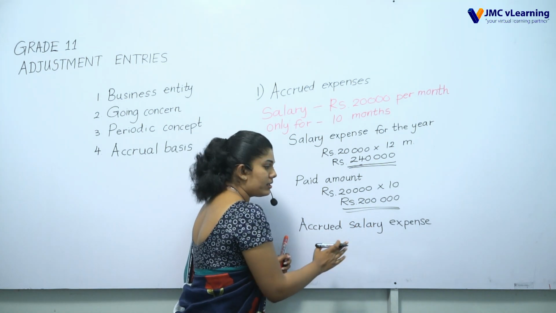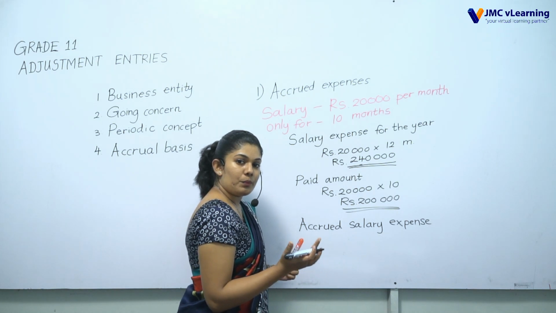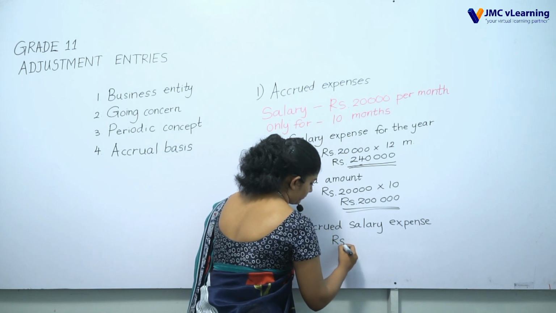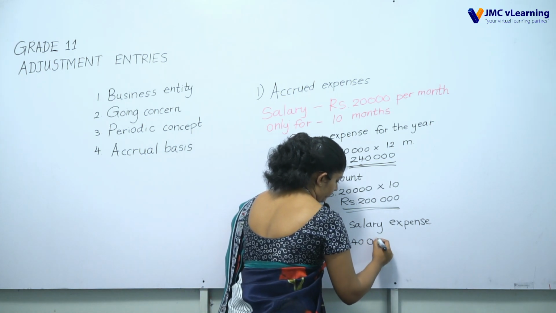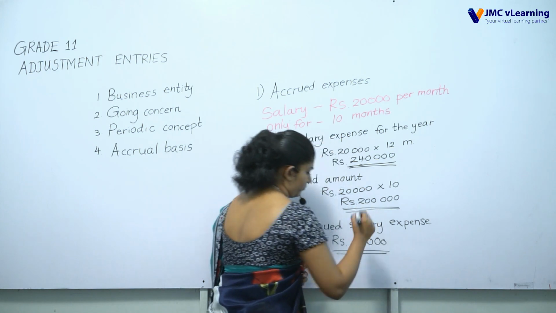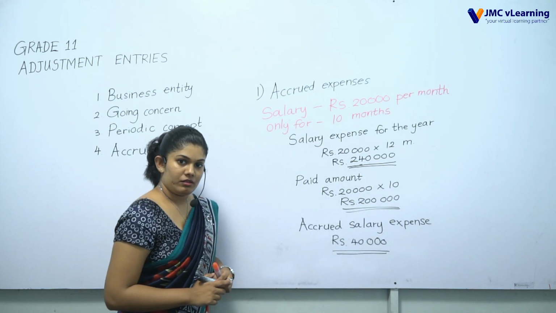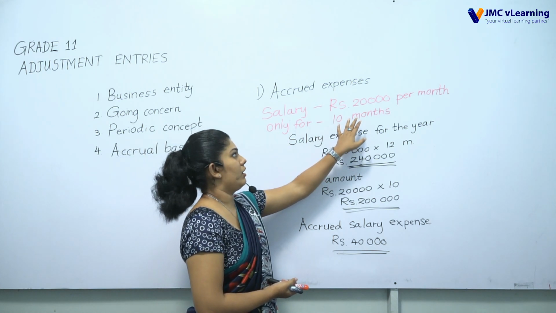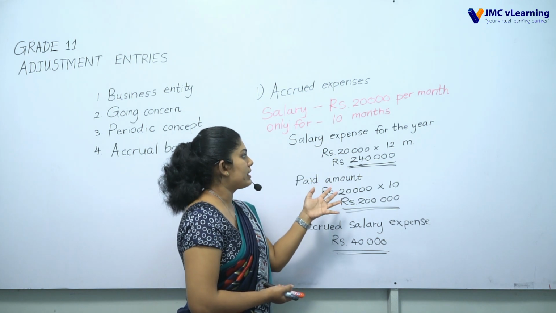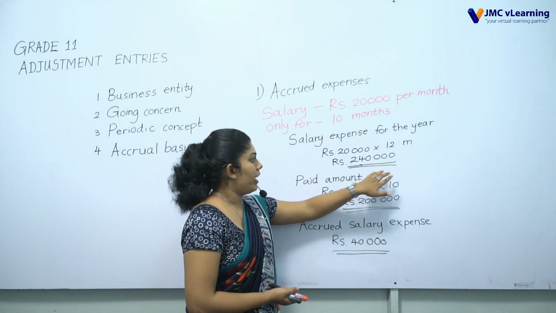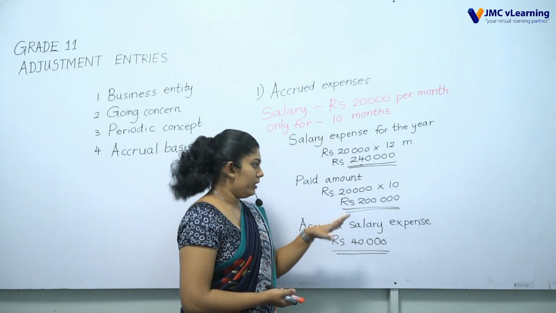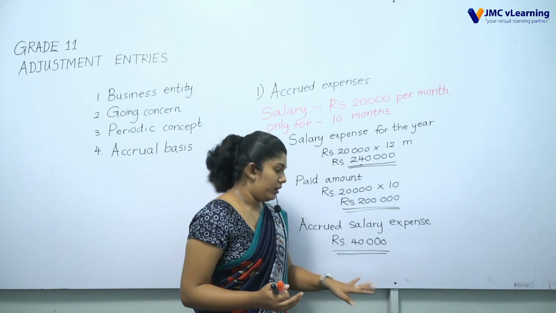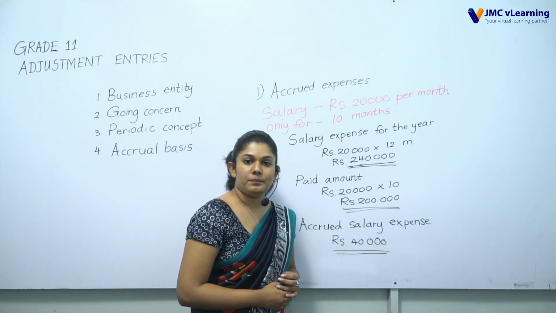Then the accrued salary expense is rupees 40,000. I have an employee, I'm paying him 20,000 per month and I have only paid for 10 months. For the year I have to pay 240,000. I have only paid 200,000 and I'm liable to pay another 40,000.